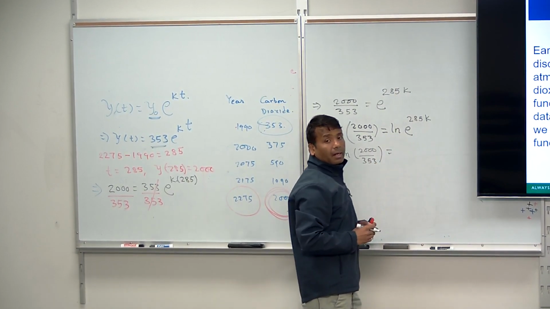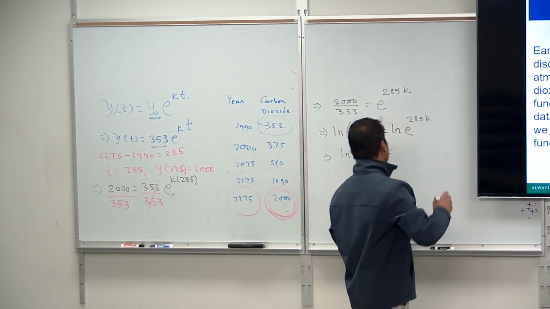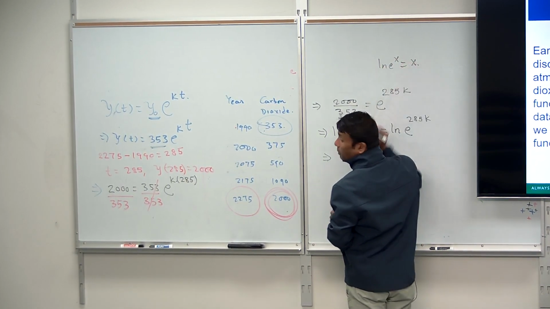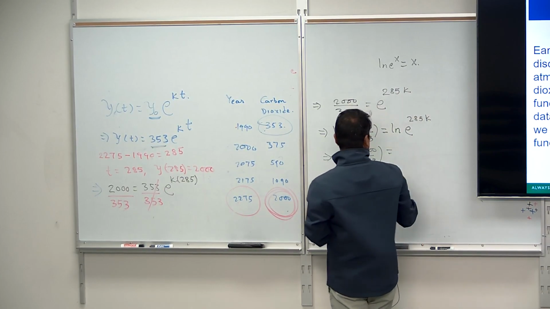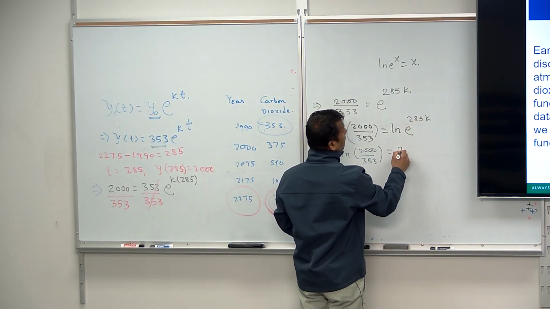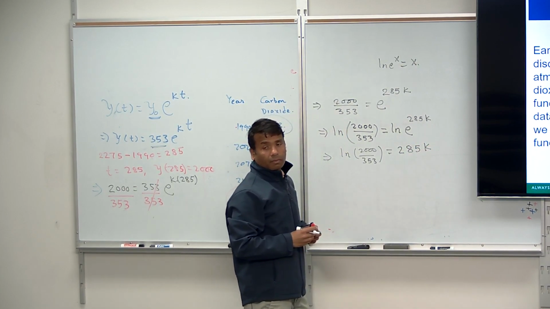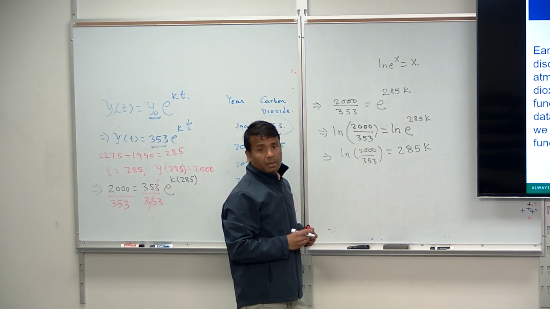Remember that ln e to the power x equals x. So ln e to the power 285k is 285k. Make sense?